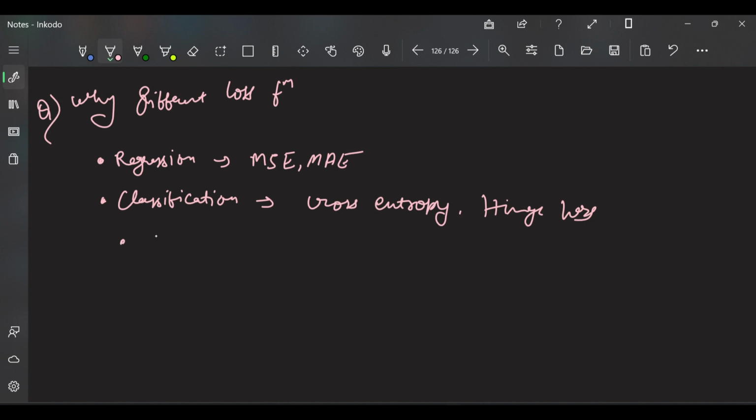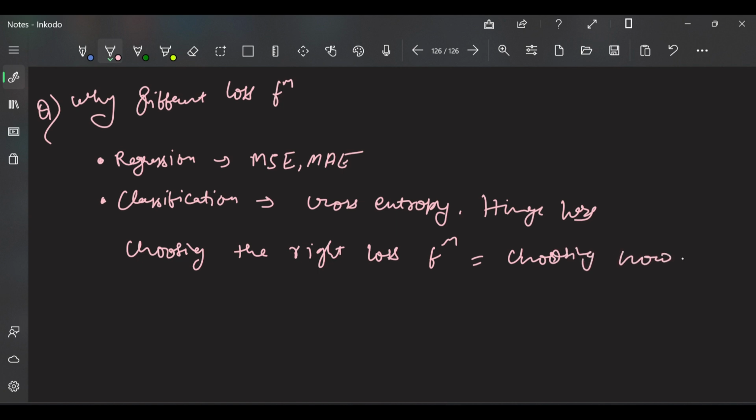Choosing the right loss function is equal to choosing how the model should see error. Okay, so this is about why different loss functions are there.